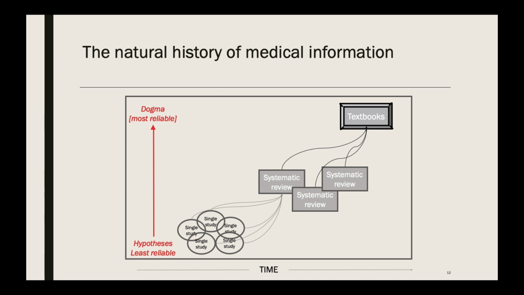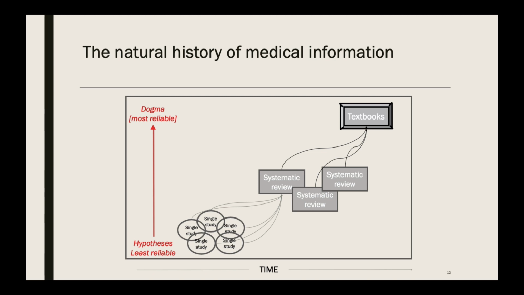And after several years, there are many single studies exploring the same hypothesis. And at that point, the hypothesis is not necessarily proved. There might even be conflicting results. Eventually, if there are enough studies on the topic, a systematic review is completed where all the studies on the topic are analyzed together, and a conclusion is reached as to whether or not there's sufficient evidence to support the initial idea.